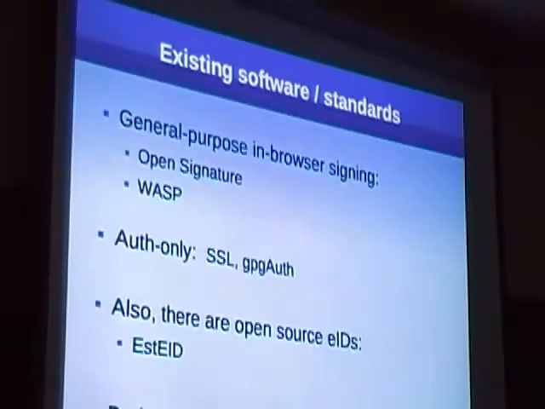Okay. So here is some existing software, and also some standards or specifications that are in progress, but they don't have implementations yet. For example, we have different EIDs, fribid, SDID software. We also have the WASP project, which is not implemented yet. There is a specification. Anders, do you have any comments on the WASP?